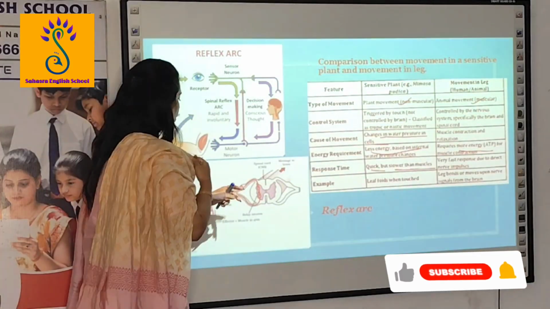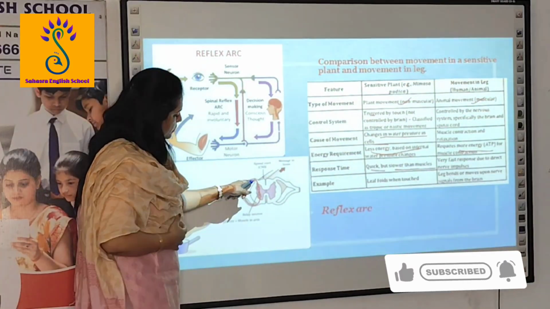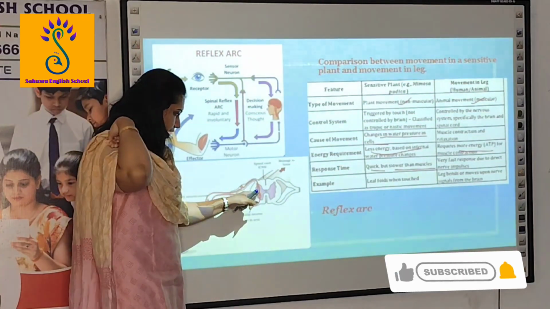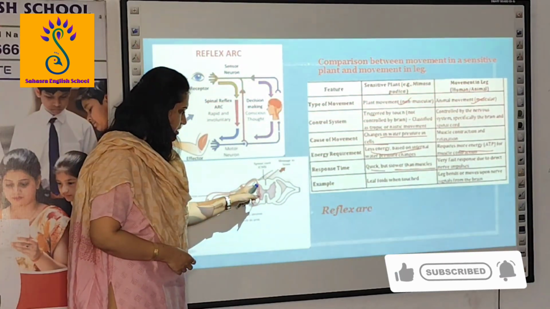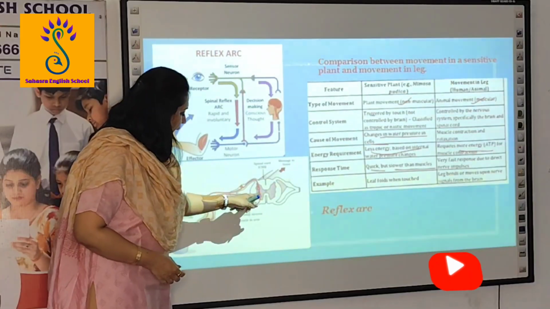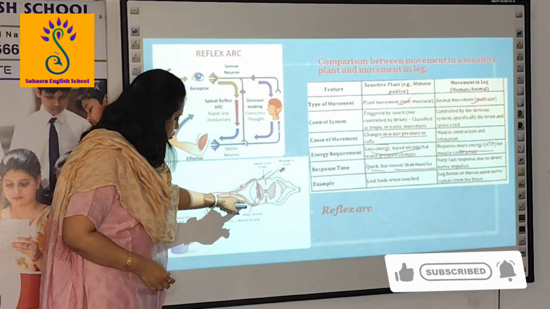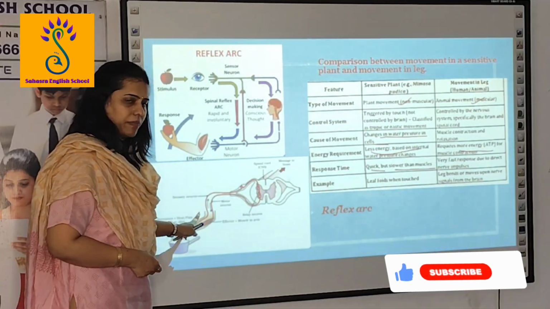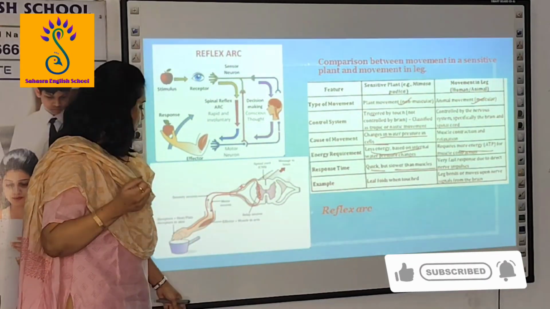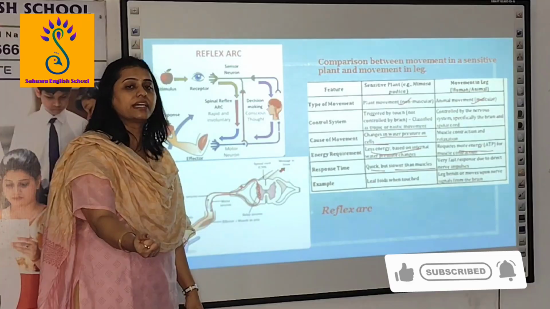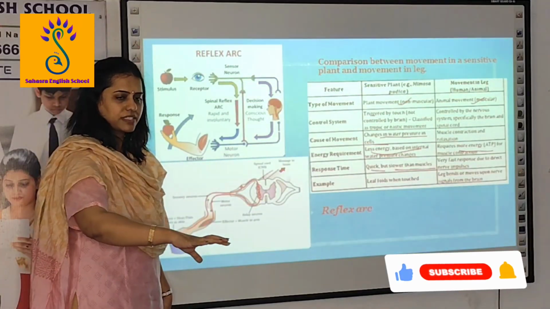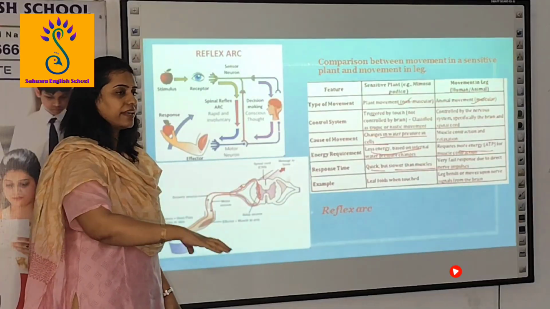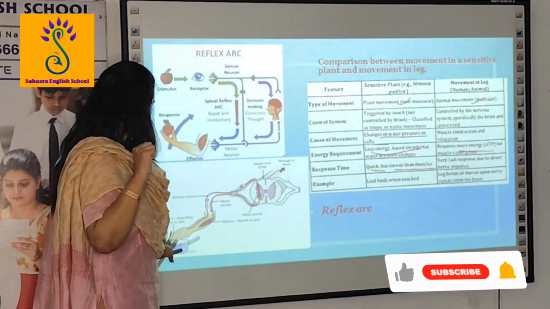Okay, so here the sensory nerves give the information to the spinal cord, and the relay neurons connect the sensory and the motor nerves, and the information is passed through the motor nerves to the muscle, because the muscle is the effector organ, and it should contract such that you will remove your hand from the hot pan.